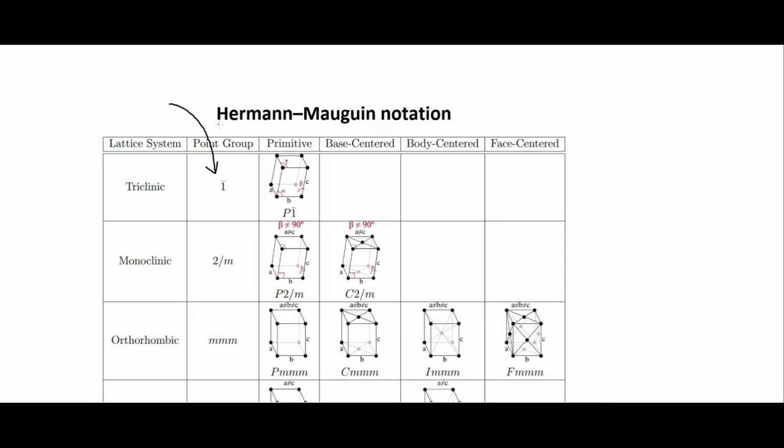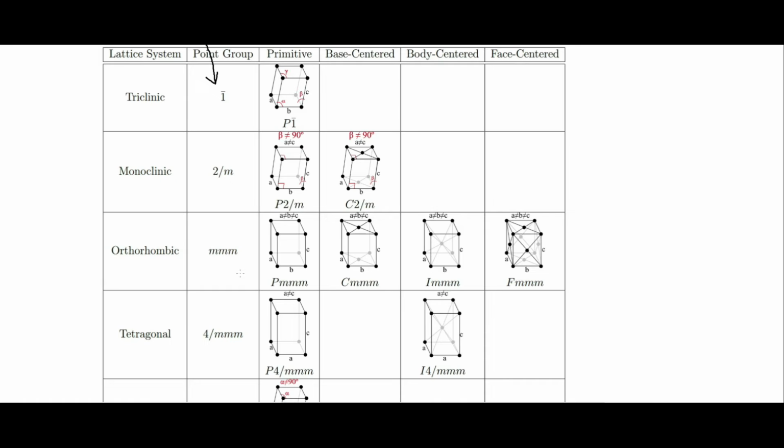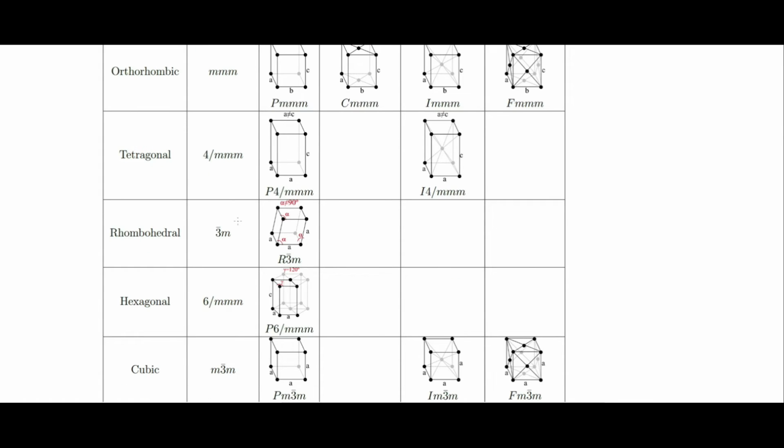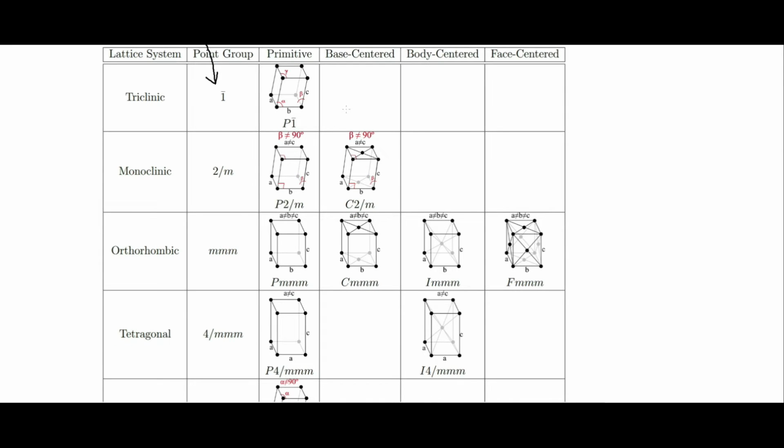These are the Hermann-Mauguin notation names. And if you've ever done X-ray crystallography, which I have, you have probably seen these kinds of names, all the M's and N's and things like that. This shows it for all the different point groups, and then all the different primitive, base-centered, body-centered, and face-centered here.